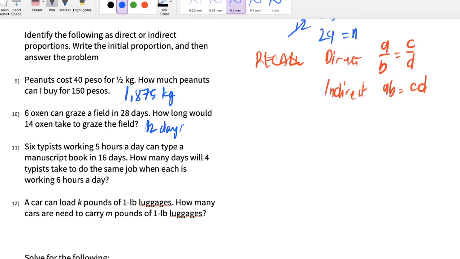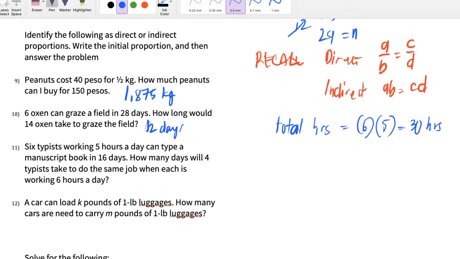Okay? So, if there are 6 typists, balik kukunin natin yung total number of hours na meron yung lahat ng typists. Okay? So, for the first one, we have 6 times 5. Okay? So, bale, in 16 days, meron kang 30 hours per day.